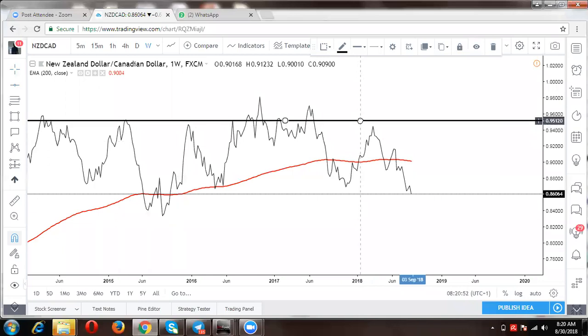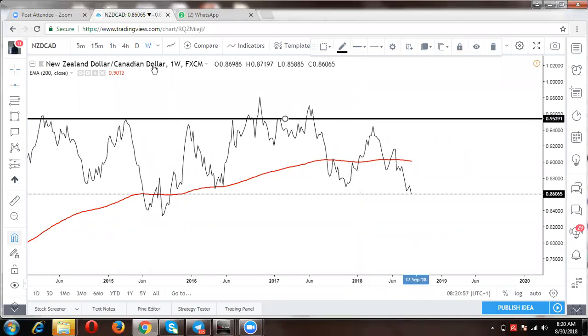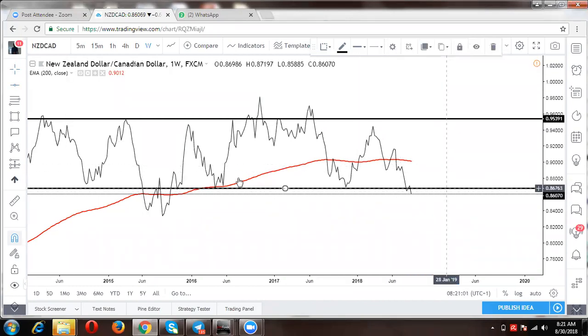Mark out my zone. I have one here, one here.